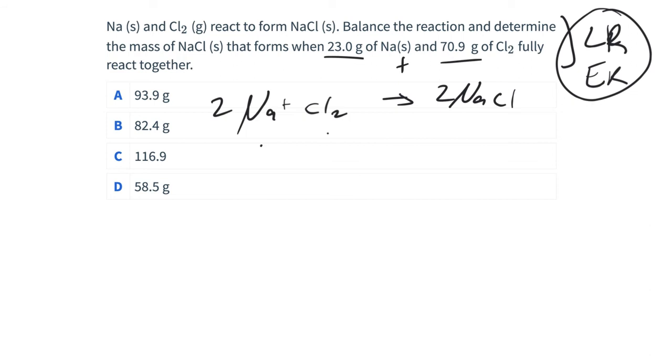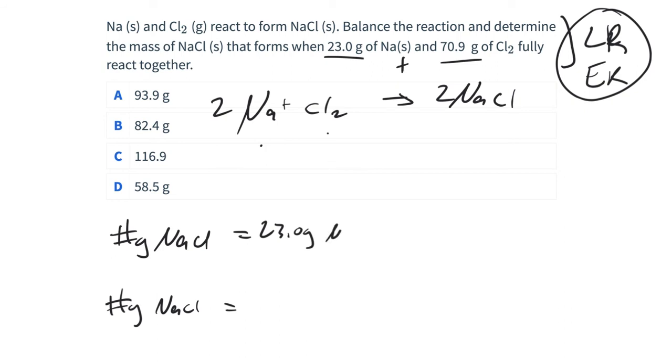I think if we're being asked for how much product forms, this question is going to be pretty easily solved if I just evaluate the grams of sodium chloride I can form consuming both of the reactants. So if I consume all of the sodium, how much product could I make?